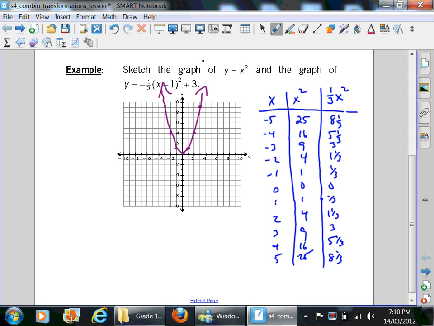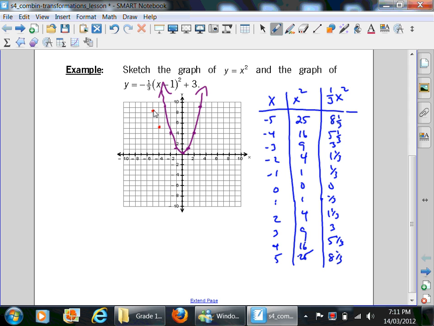So now I have to plot those points on the graph. Let's plot these points, and we'll do these points in red, and we're going to get negative 5 and 8 1/3. So negative 5 and 8 1/3 would be like right there. Negative 4 and 5 1/3 would be like right there.